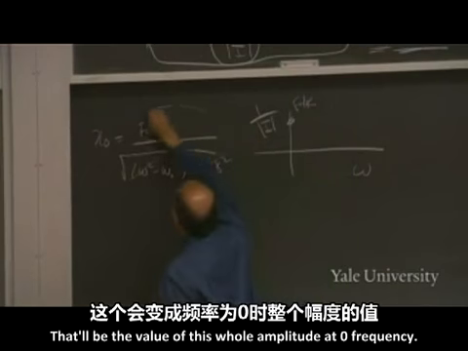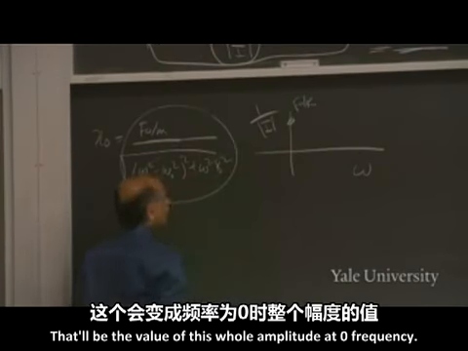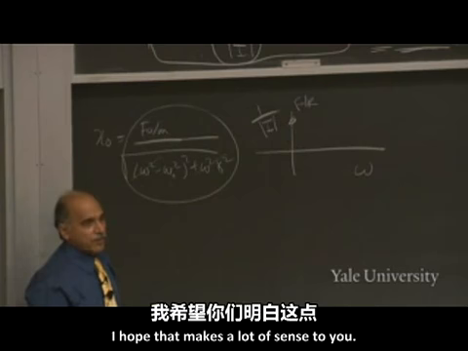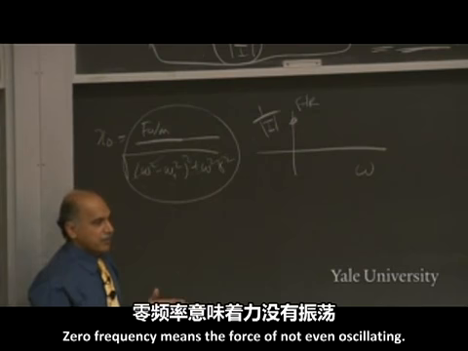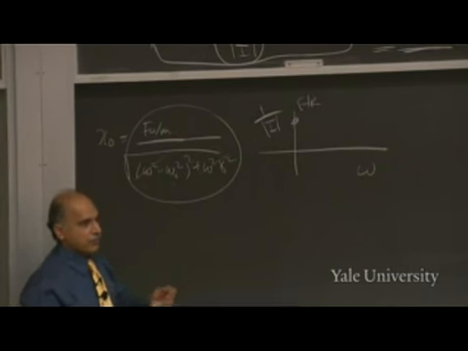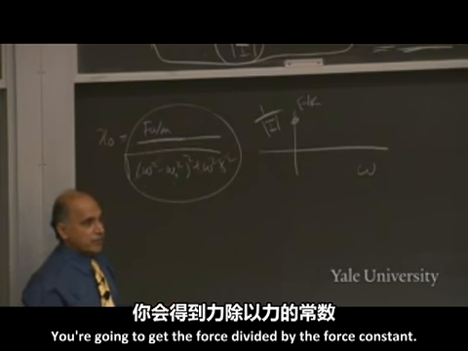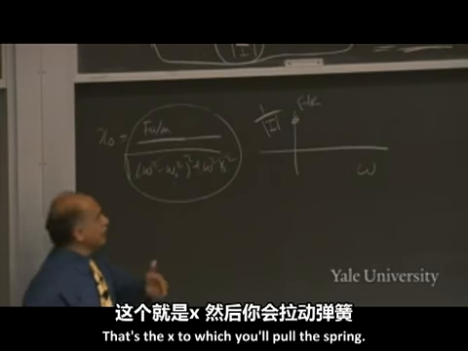That will be the value of this whole amplitude at 0 frequency. I hope that makes a lot of sense to you. 0 frequency means the force is not even oscillating. It's a constant force. What x are you going to get? You're going to get the force divided by the force constant. That's the x to which you will pull the spring.